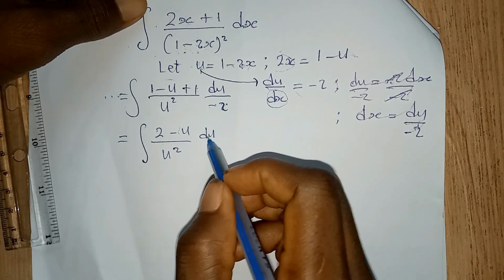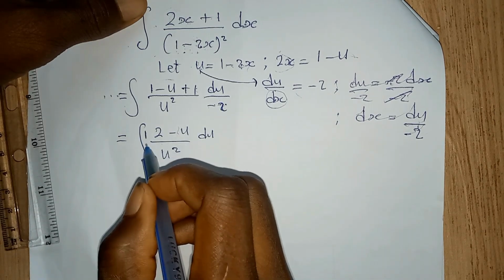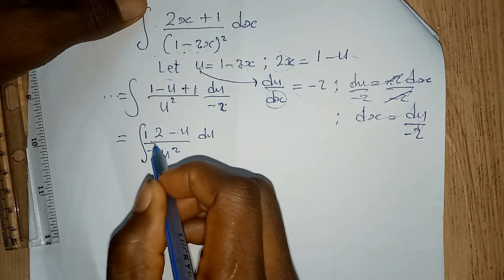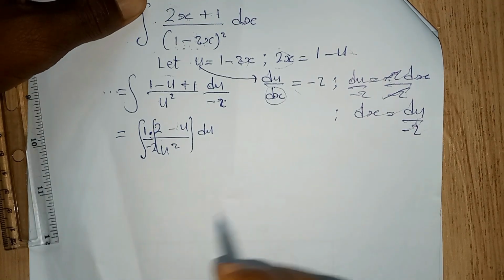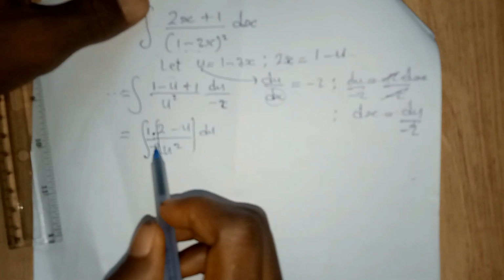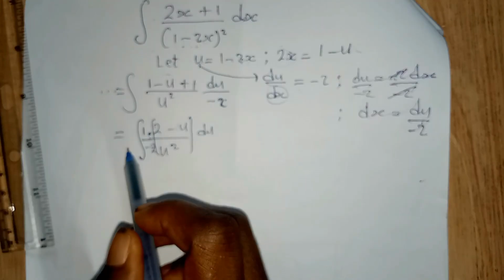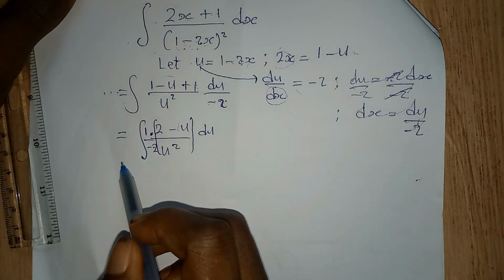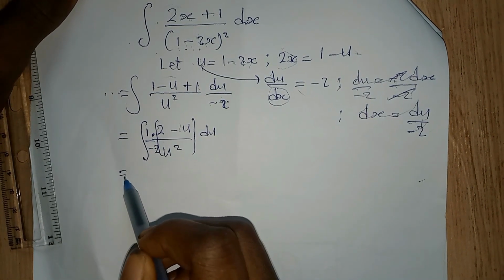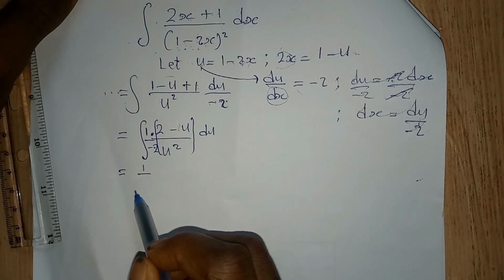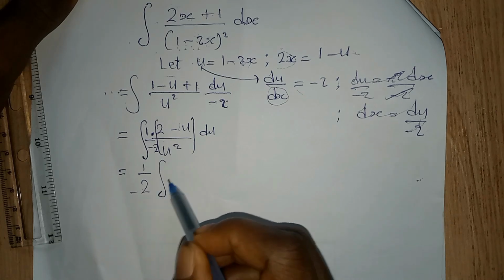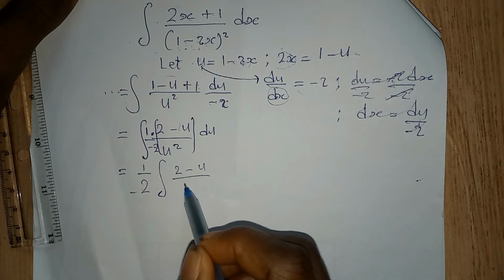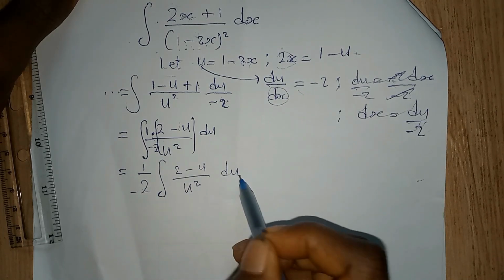When you factor out the constant, it is 1 over negative 2 multiplying everything here. In integration, when you have a constant, you factor it out and take it outside the integral. It doesn't affect your final result. So you have 1 over negative 2, then the integral of (2 - u) over u squared du.